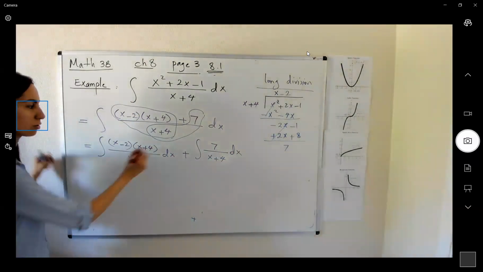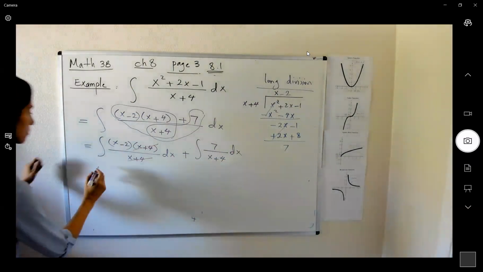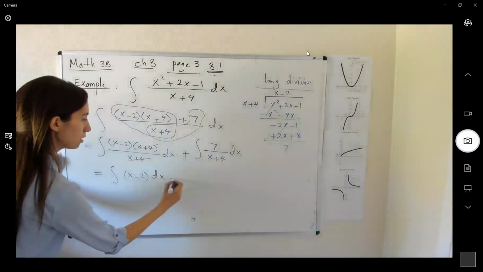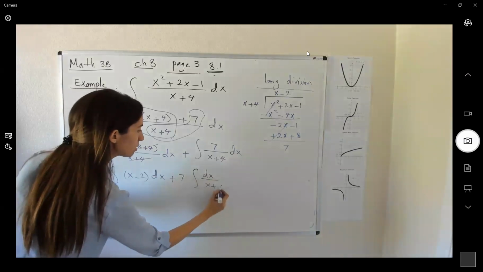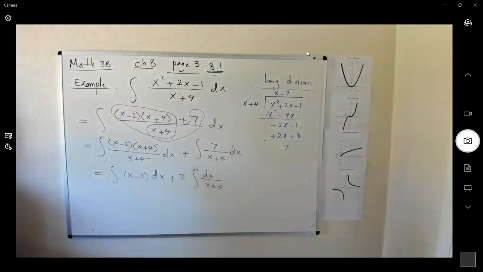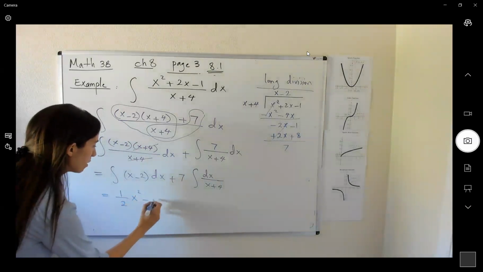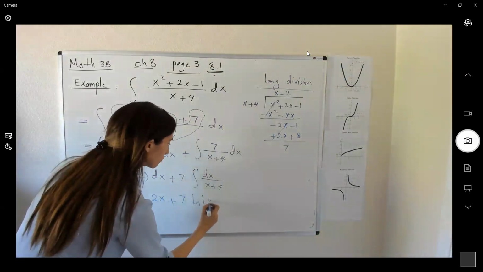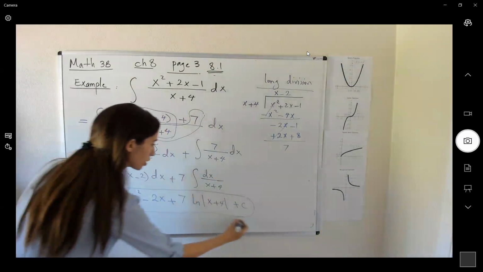For the first integral, you can cancel out the common factors. This is equal to the integral of x minus 2 dx plus 7 times the integral of dx over x plus 4. So the integral is equal to a half x squared minus 2x plus 7 ln of the absolute value of x plus 4 plus the constant of integration.